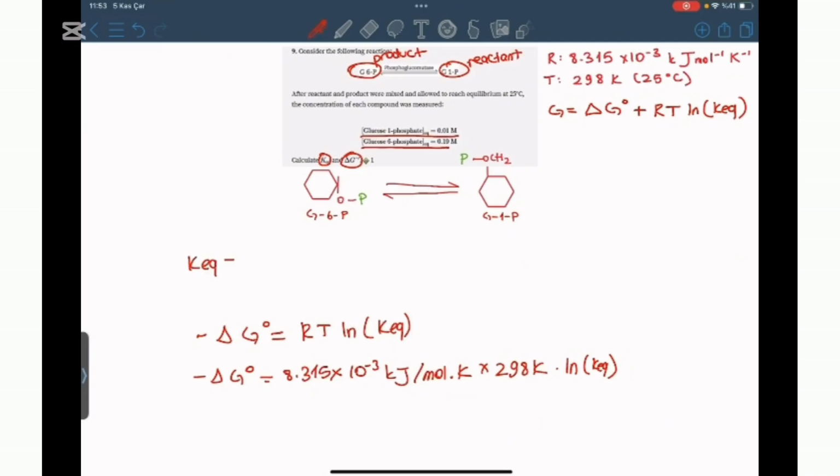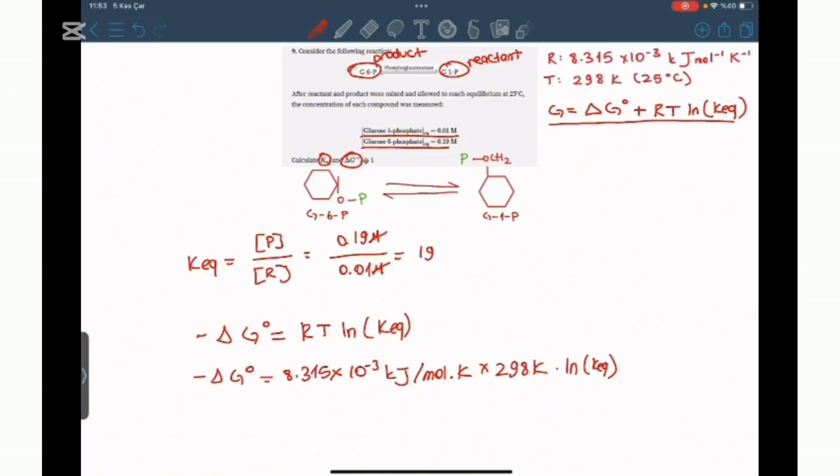Here is our formula for equilibrium constant. We divide the concentration of product by the concentration of reactant, which is 0.019 molar over 0.01 molar, which is 19, and there's no unit since the molars cancel.